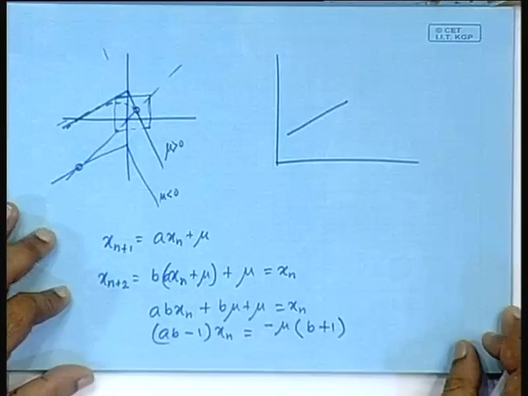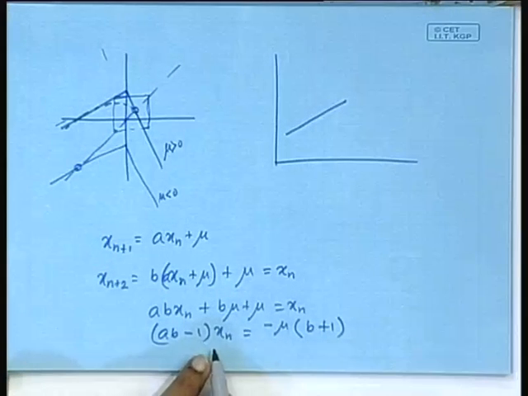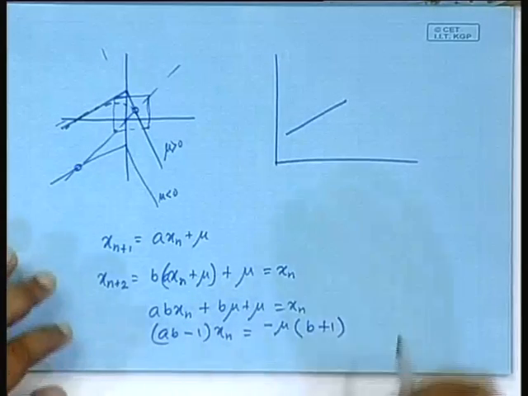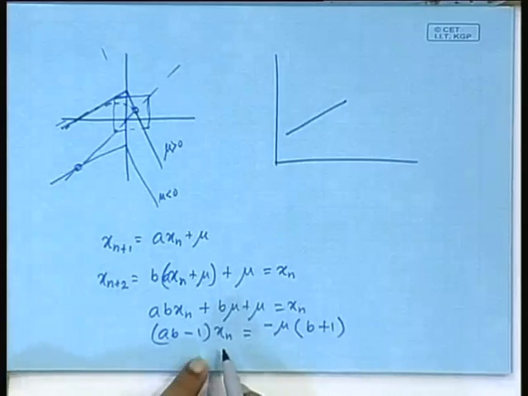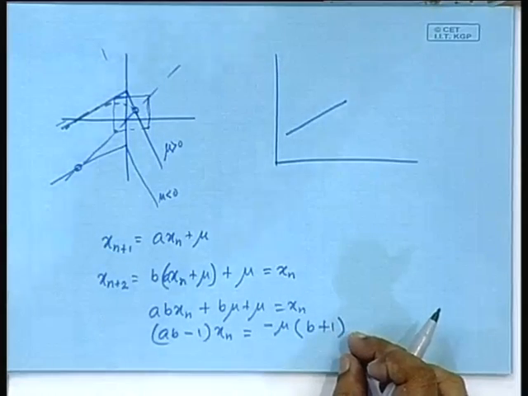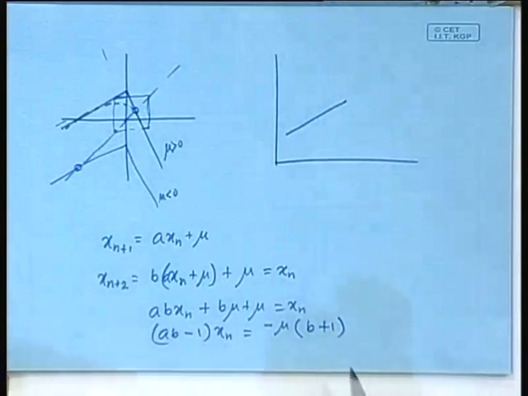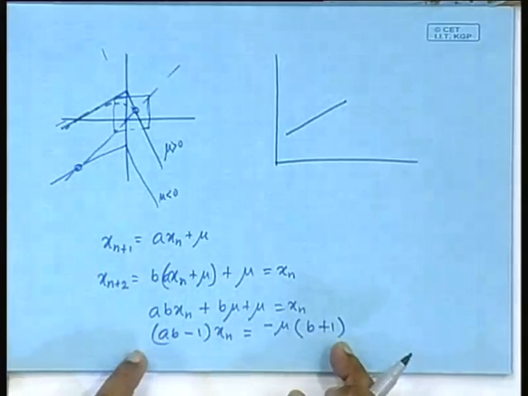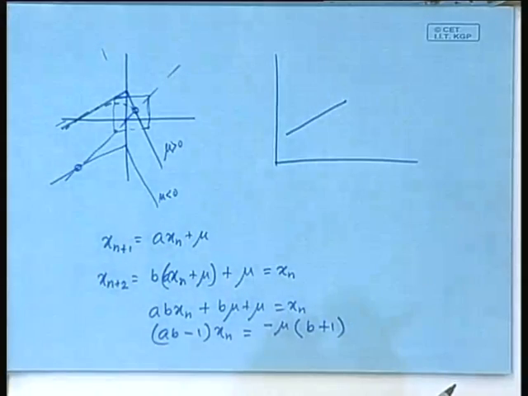So, we have the position x n given, and let us see what is the condition we are getting. This is the condition under which it will occur. You might simplify it later, but I am just showing you the way to obtain the condition for the occurrence of this fellow.